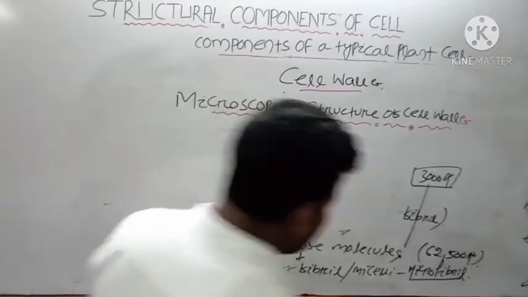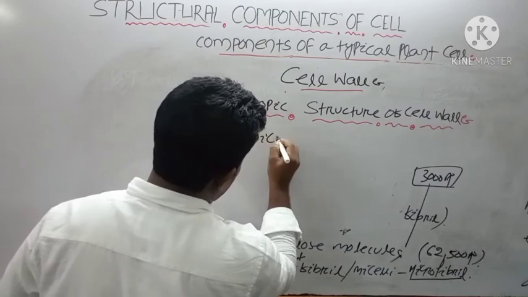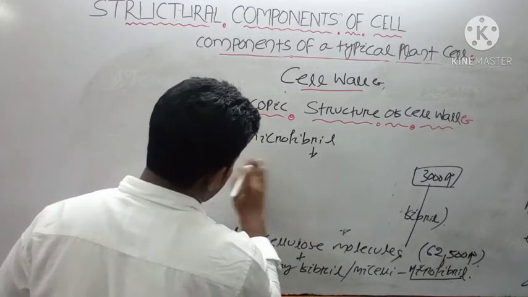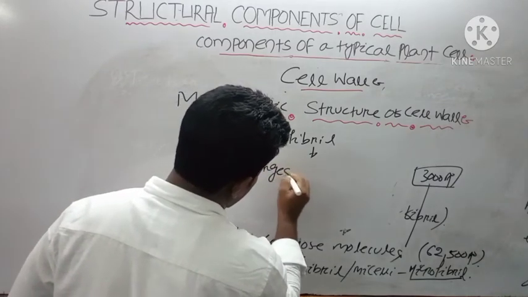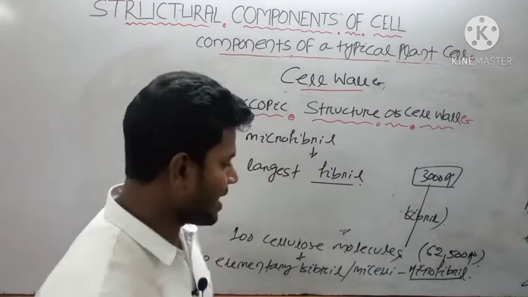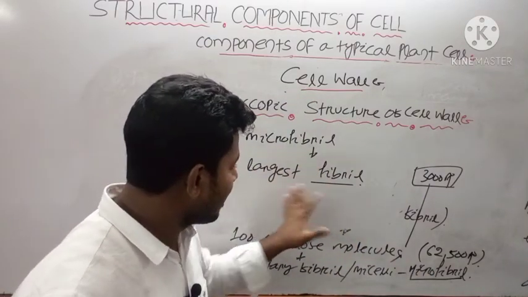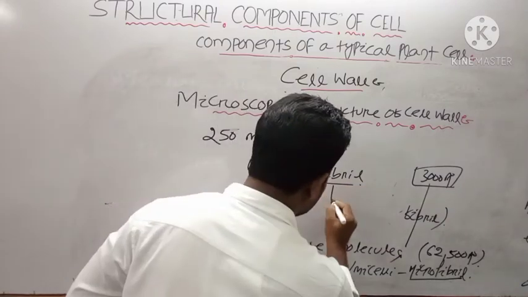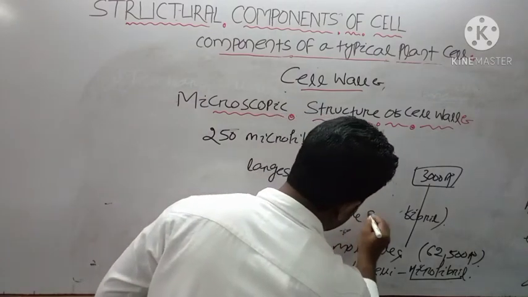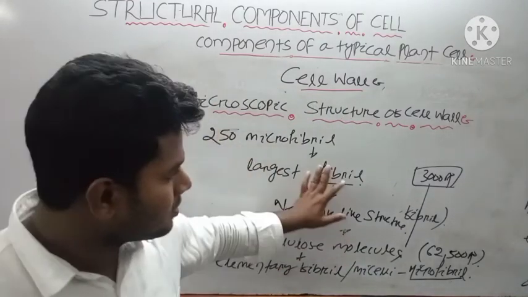From the microfibrils, around 250 microfibrils will constitute the largest unit, which occurs in a network-like structure. Okay. These are the basic structures.